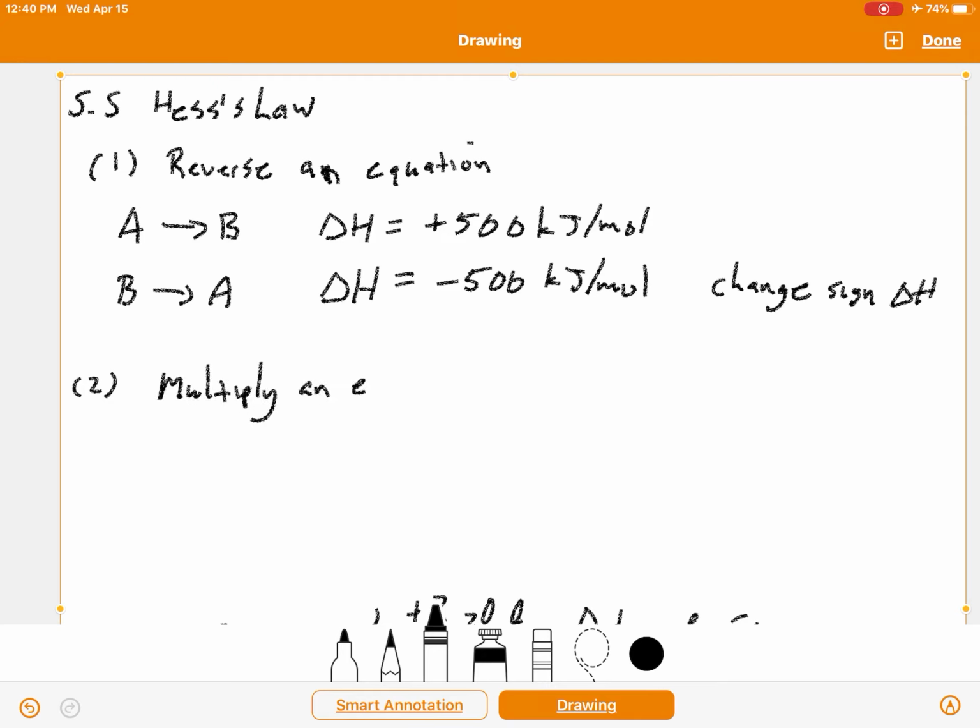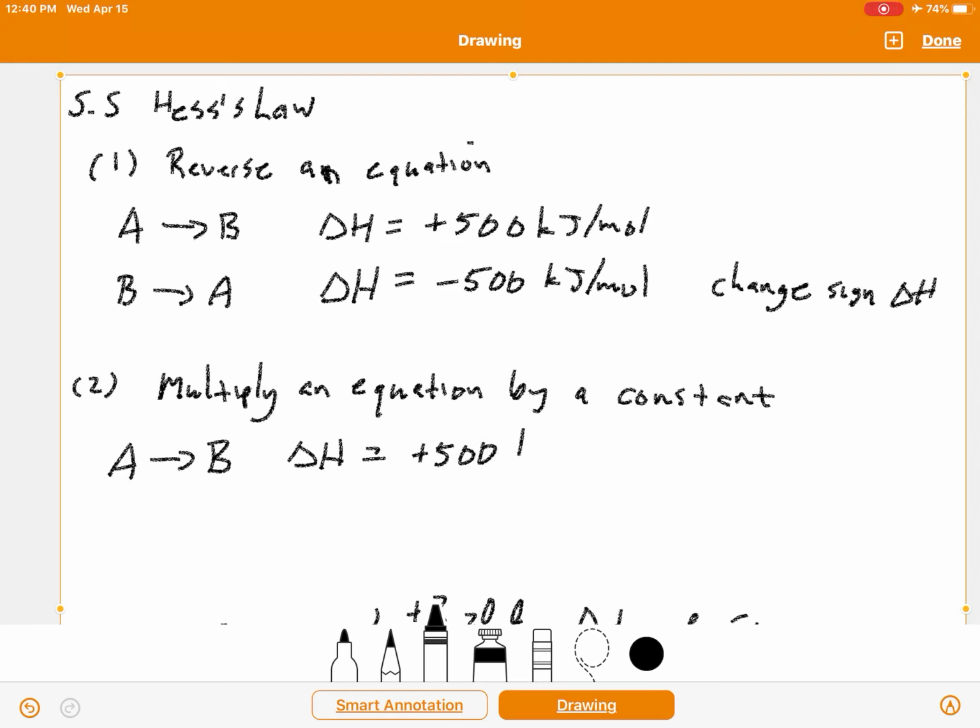Second issue is that you might have to multiply an equation by a constant. That constant could be 2 or 3 or 4, it could be half, a third, whatever it is. That sometimes happens. So here's an example. Suppose I have A goes to B, and delta H, again, is 500 kilojoules per mole.